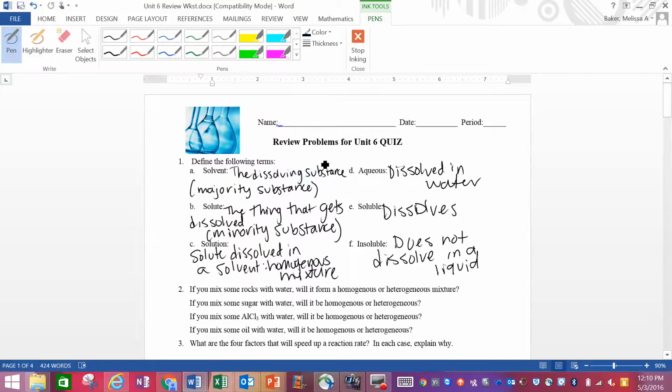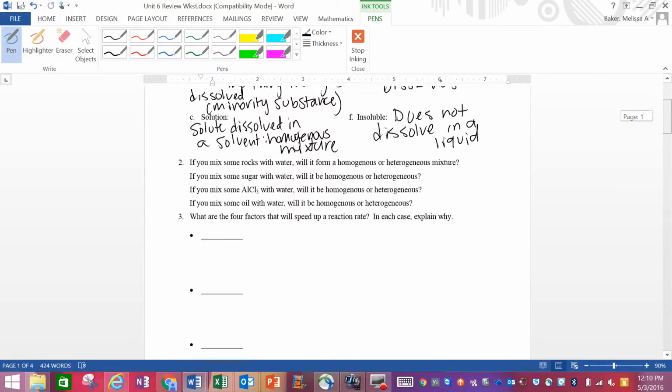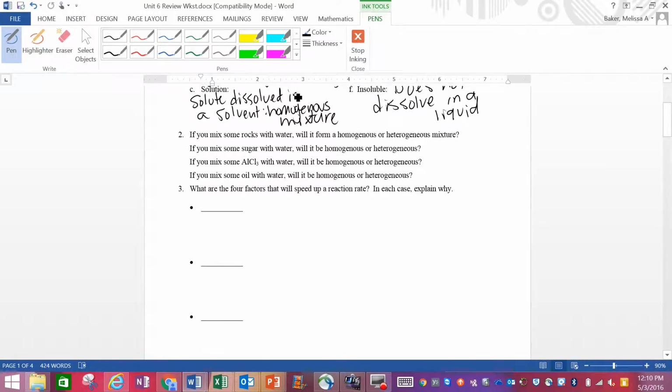And then let's make sure you've mastered the difference between homogeneous and heterogeneous. If you mix some rocks with water, that would be heterogeneous. It's different throughout. If you scoop into that water, you might hit just water, you might hit a rock. If you mix sugar with water, that would be homogeneous. The sugar is evenly distributed throughout the water.